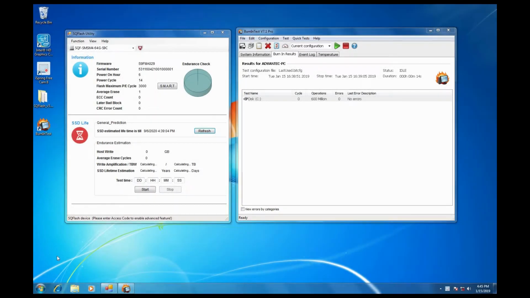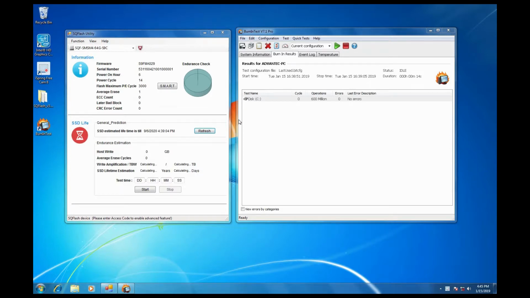Alright, so now let's take a look at the SSD Life Prediction function in the SQF utility. On the left here, I have opened the SQF utility and picked our drive that we're going to be testing, in this case an SQF SM4 64 gig S9C. That's an MLC SQF mSATA SSD.